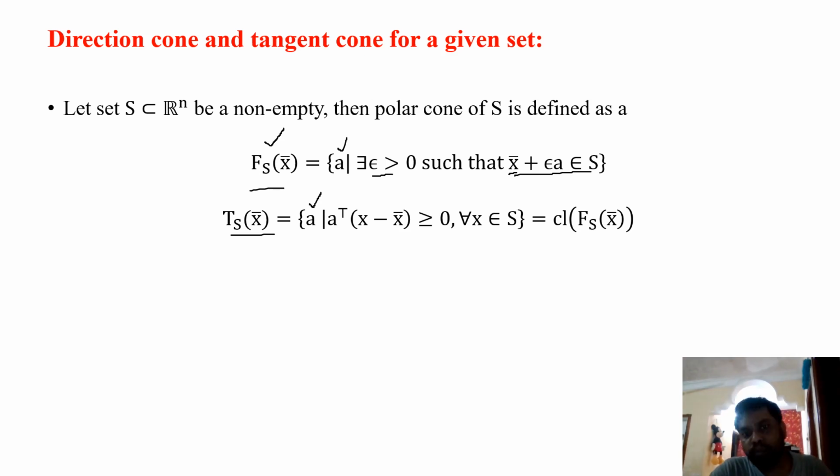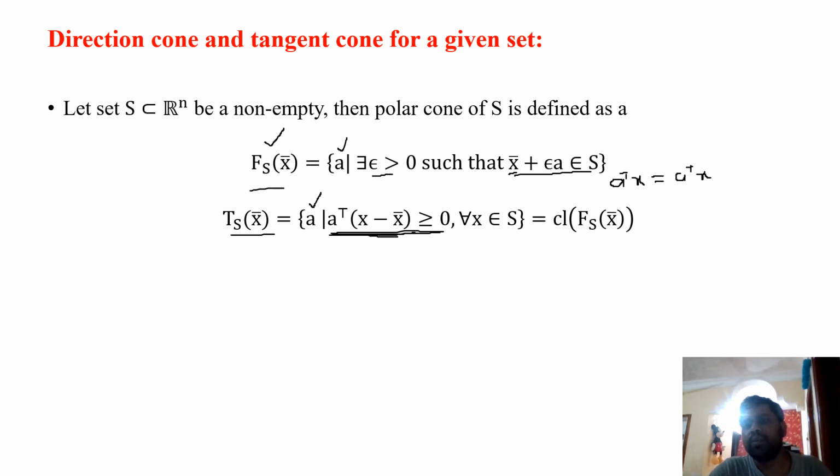If you define a supporting hyperplane, remember, a transpose (x minus x bar) equal to 0 defines the supporting hyperplane. I had already discussed the definition of the supporting hyperplane. What was the definition? It is a transpose x equal to a transpose x bar.